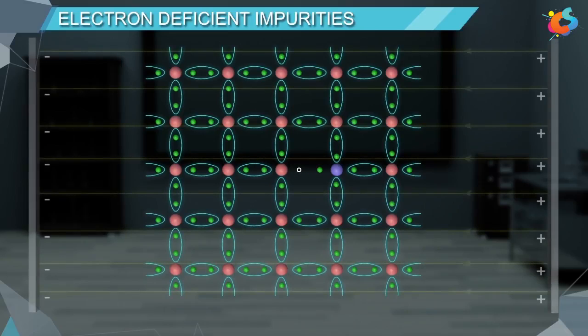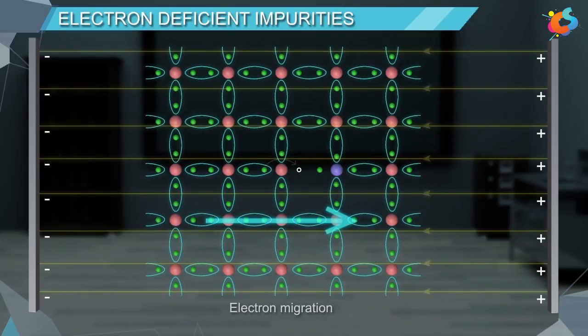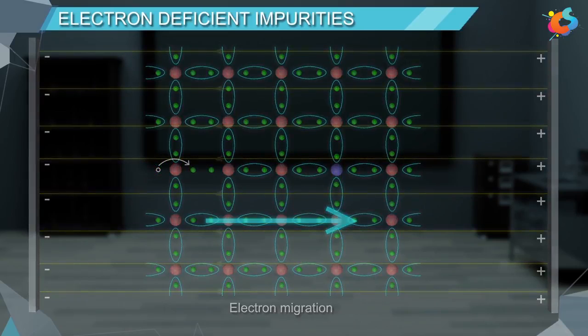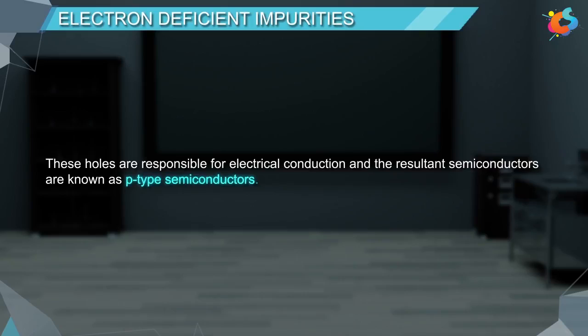When the electric field is applied, electrons migrate towards the positive electrode by filling the holes, making it appear as if electron holes are migrating towards the negative electrode. These holes are responsible for electrical conduction, and the resultant semiconductors are known as p-type semiconductors.